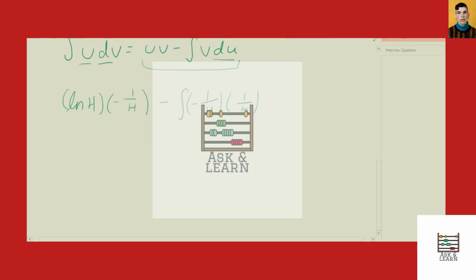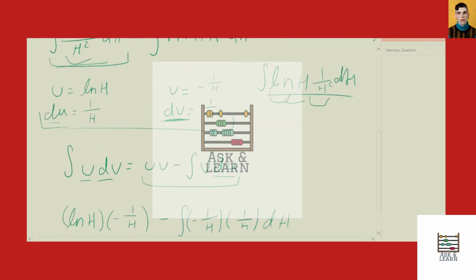So then we're going to be left with negative ln h over h minus the integral of negative 1 over h squared dh. This should also be dh, and that's just because this is dh as well.